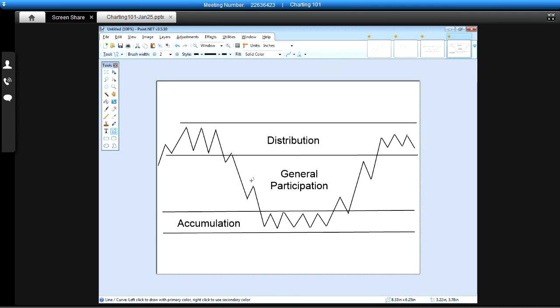General participation is where the trend really starts to evolve, and retail traders and other market makers are getting involved, moving the stock either down or up. And then an accumulation phase. Here, this is where the market makers are again starting to build up their inventory, buying stocks and testing the different highs until it finally breaks out, and then you re-enter general participation.